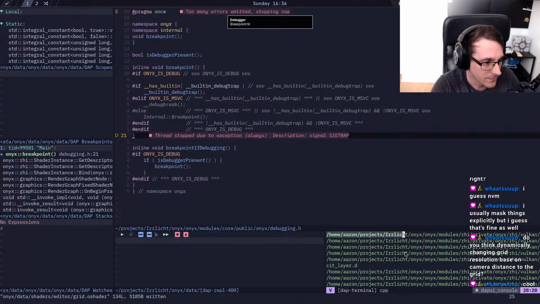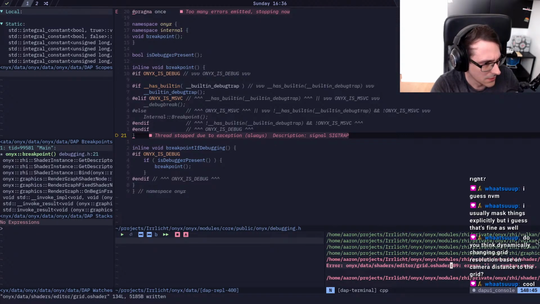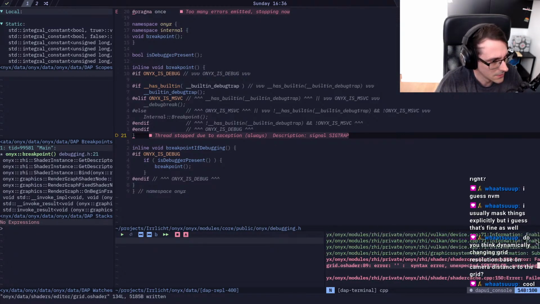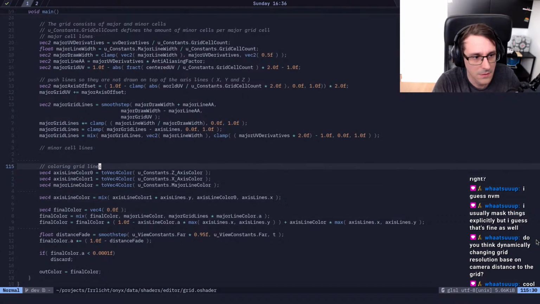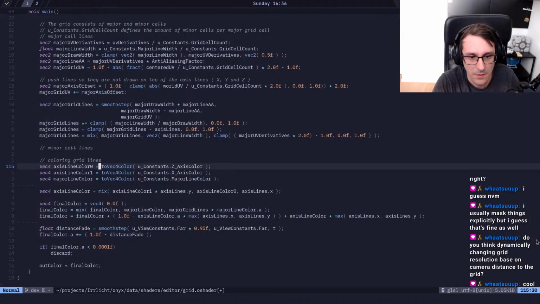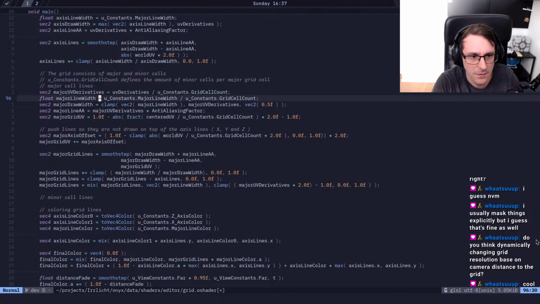Of course the shader error comes out as usual. 98. Unexpected semicolon. Gee, that would probably be hard to find. Okay, that looks fine. That looks fine.